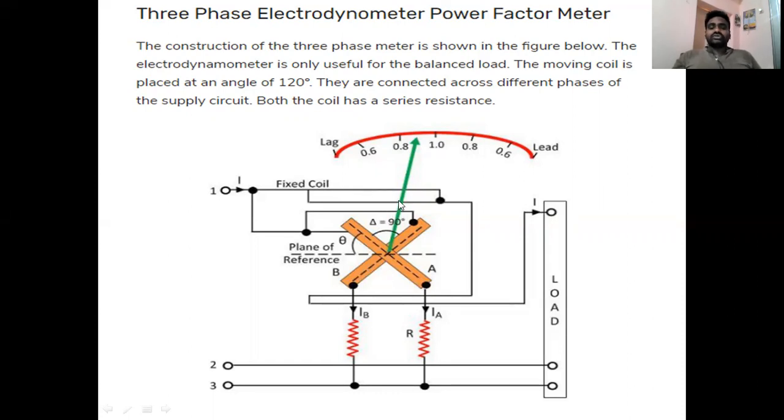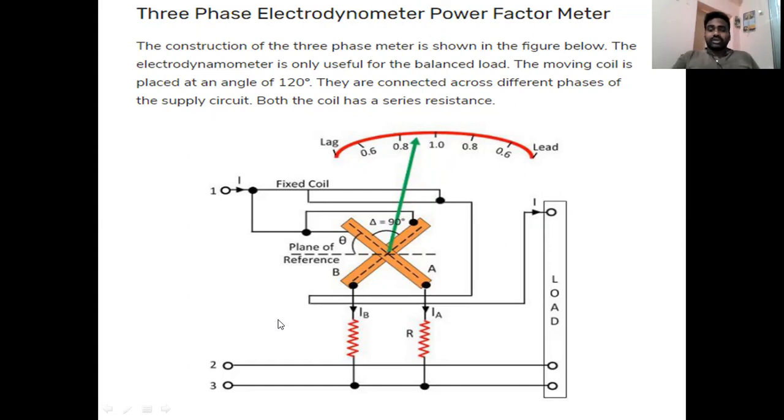Current flowing through the fixed coil creates a magnetic field, and coil A creates a deflection torque and coil B creates a deflection torque, both in opposite directions. Coil A has a high resistance circuit with non-inductive resistance. Coil B also has a high inductive element.